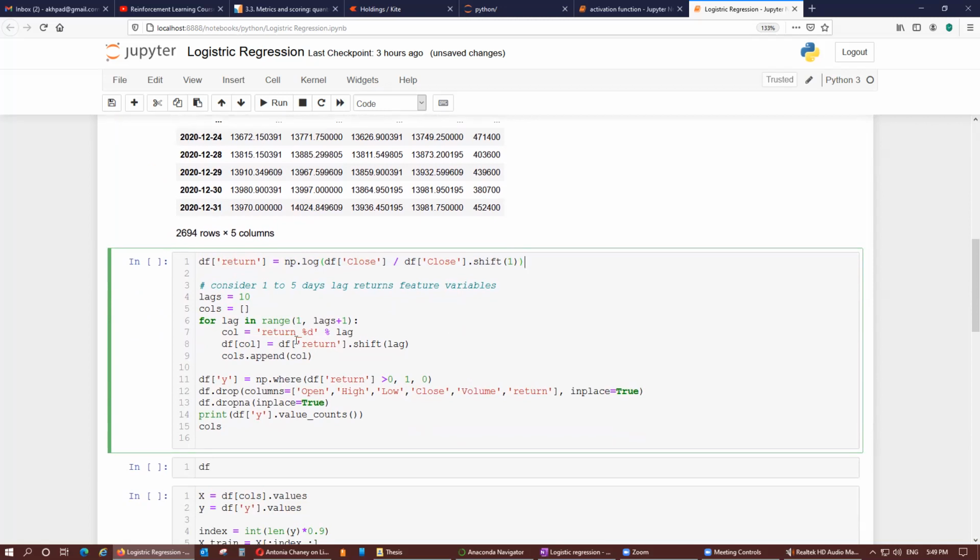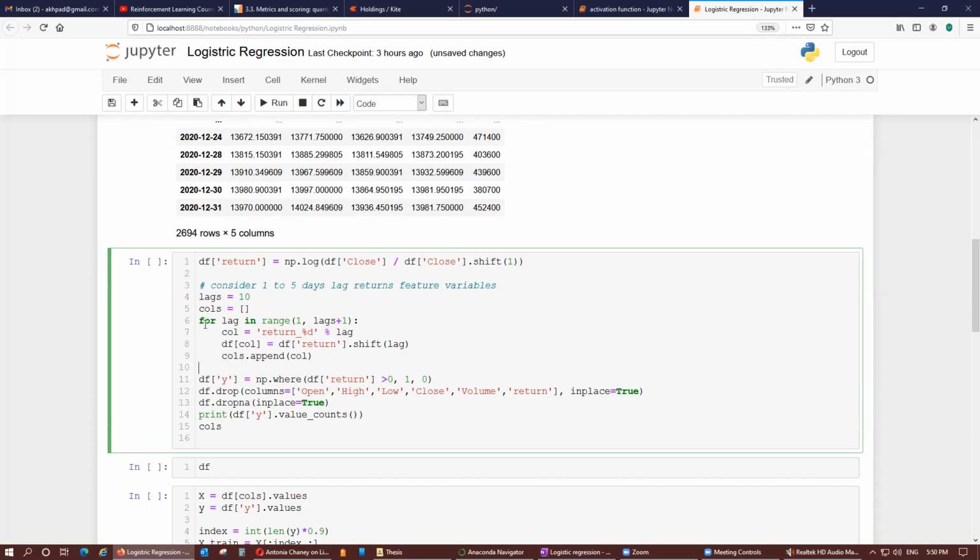Then we'll prepare the feature variables, which are the log returns for the last 10 days. So here is the return, the lag return. I'm lagging by 1 to 10 days, and then preparing the column names as well.